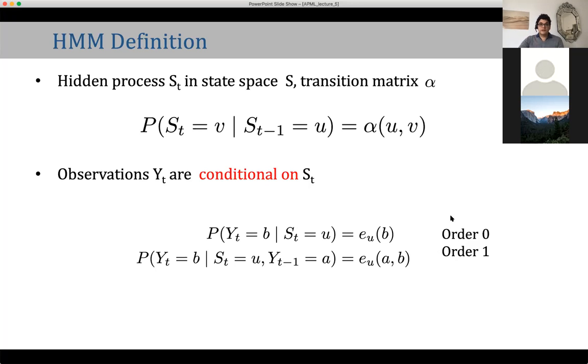So the main point here, if we look at order 0, is that when we observe our observation, I just need to know what my hidden state is to describe how my observation is observed. And we'll see soon that in terms of computing probabilities or likelihood, this will allow us again to do a lot of factorization.